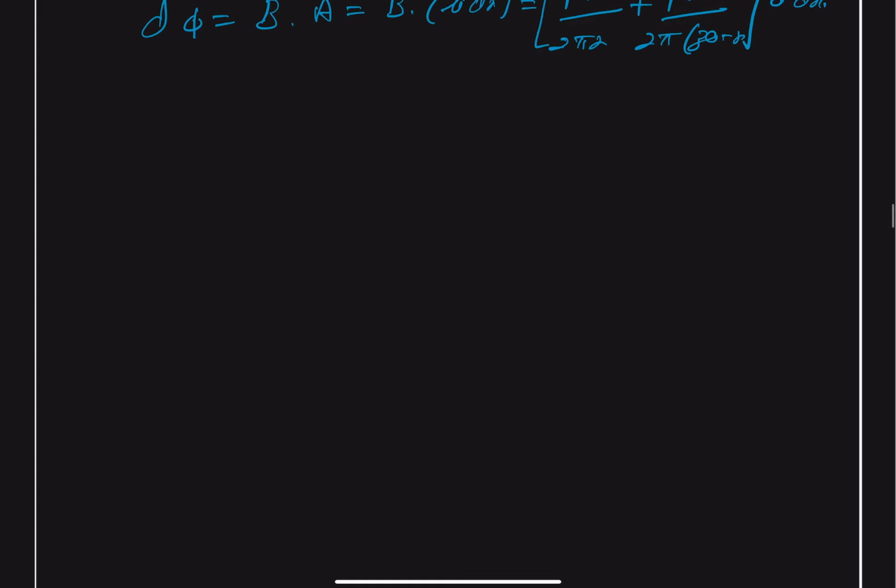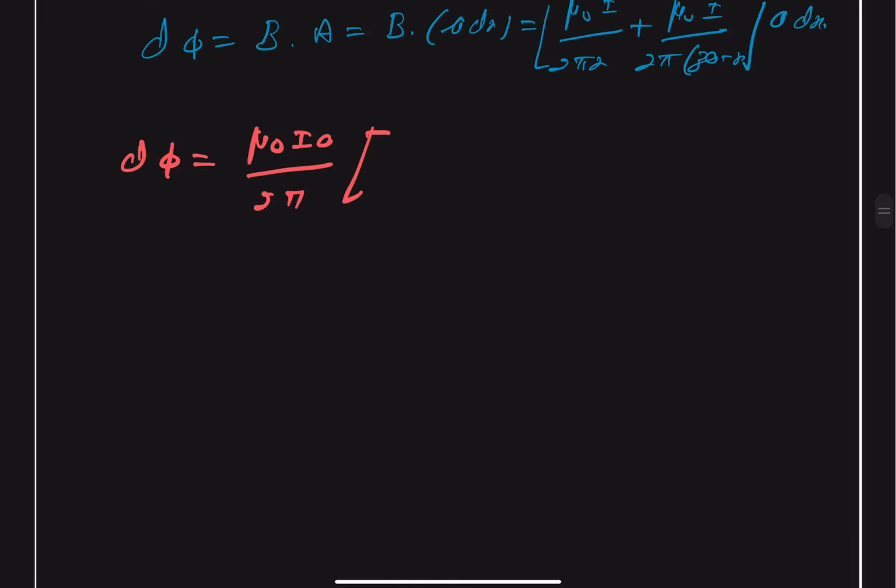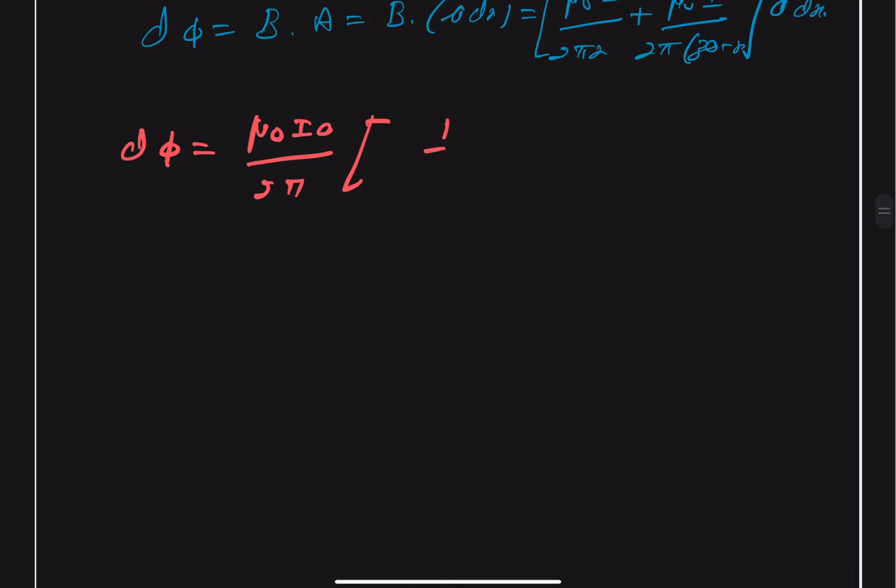So we make a slight adjustment in it. You can say our small flux will be equal to mu naught I a divided by 2 pi, and this comes as (1 upon x plus 1 upon (3a minus x)) times dx.